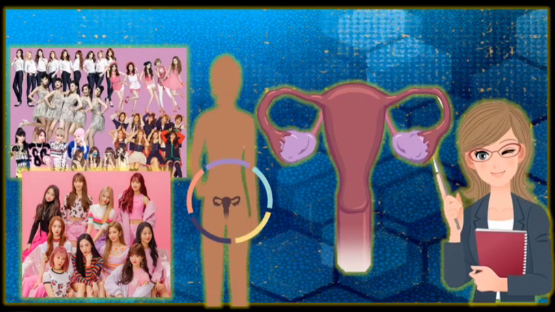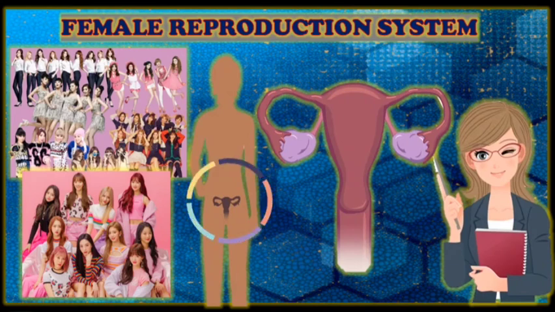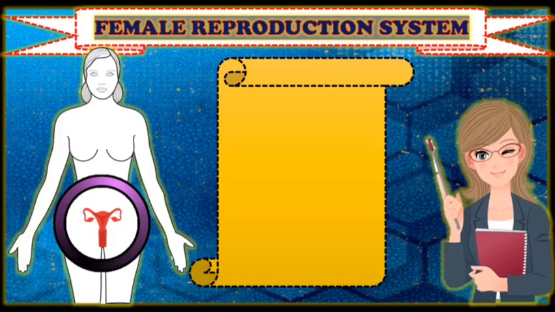Very good. It's all girls, in which all girls have this reproductive system. So we will now discuss the female reproductive system. The female reproductive system, class, is made up of several organs.